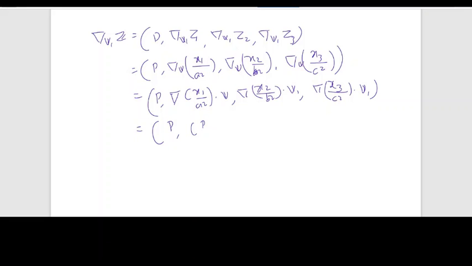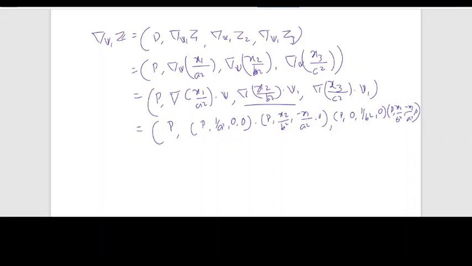We have this equal to p (1 by a square, 0, 0) dot p (x2 by b square, minus x1 by a square, 0).